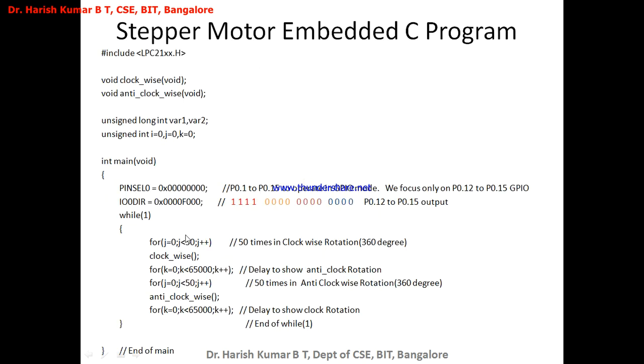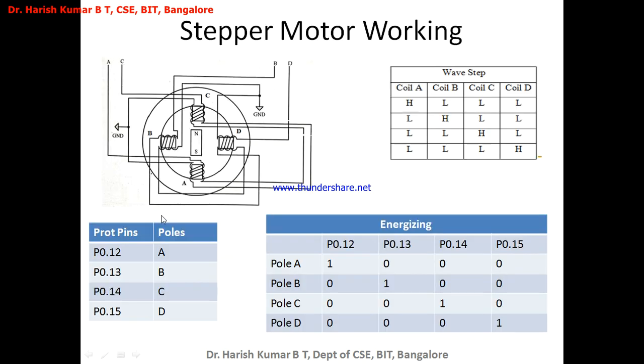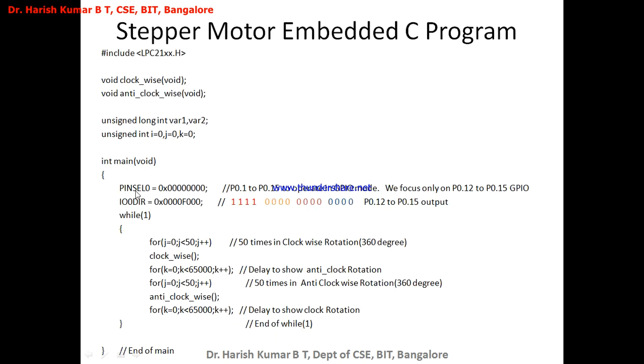Now accordingly, since all the port pins to which the poles are connected are in the range P0.0 to 0.15, I have to make use of PINSEL0, because I have to make them operate in the general purpose IO mode. It's not necessary to make all of them operate in the general purpose IO mode. If I make only P0.12 to 0.15 operate in the general purpose IO mode, it is enough.